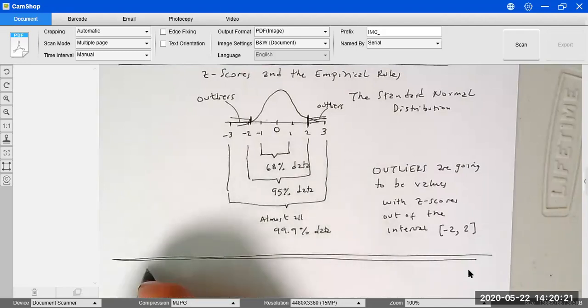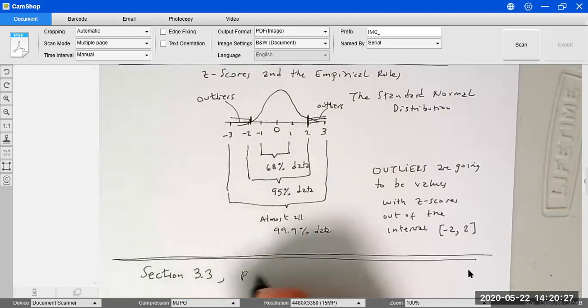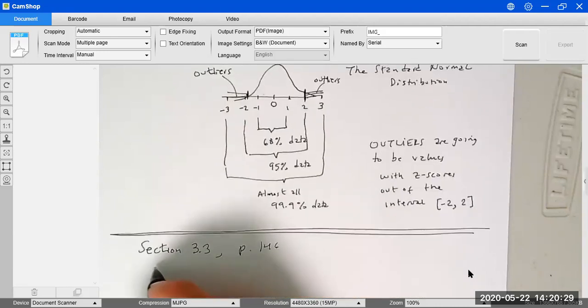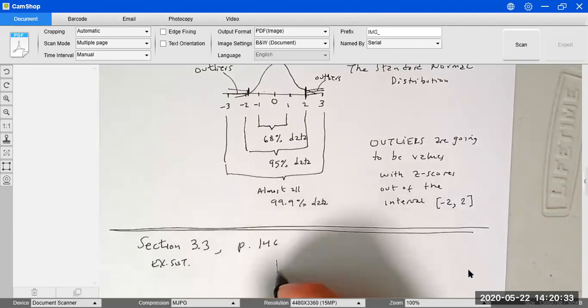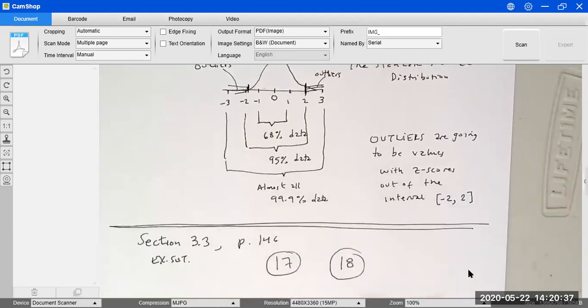Okay, so we have section 3.3 on page 146. We have an exercise set there, and you're going to solve problems 17 and 18.